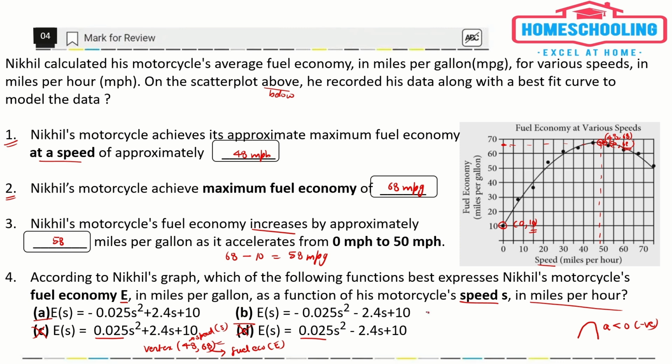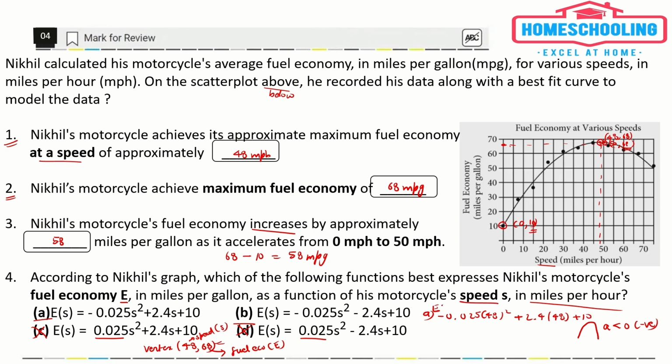In option A, it is negative 0.025 S squared, where speed S is 48, so 48 squared, plus 2.4 times S, with S being 48, plus 10.